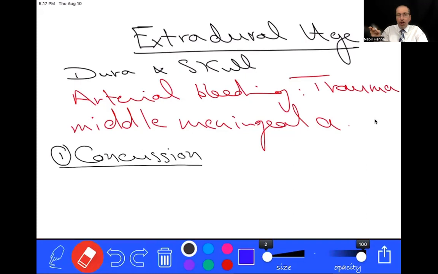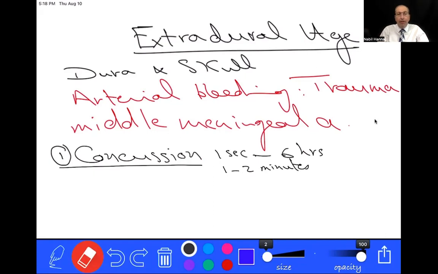And the patient loses consciousness anywhere between 1 second up to 6 hours, and then the patient regains consciousness spontaneously. Usually, the loss of consciousness is around 1 to 2 minutes, a few minutes, short minutes.